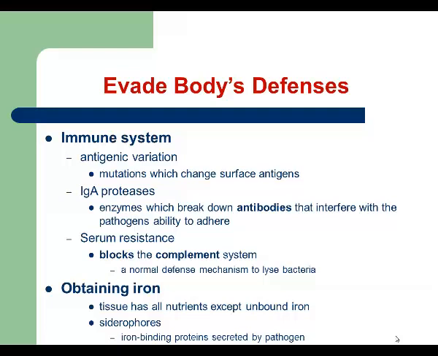To avoid this line of defense, some pathogens are able to perform what we call antigenic variation. What does it mean? It means pathogens change their surface antigens regularly, and then as a result we cannot recover from that infection.